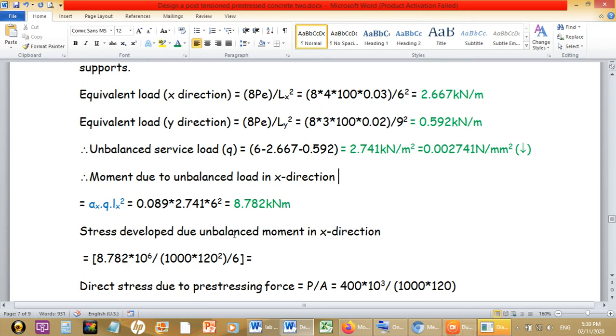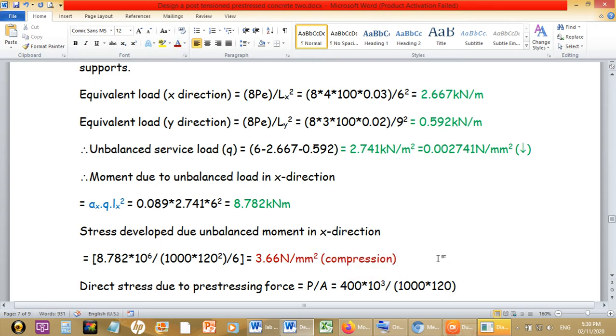So the M value, 8.782 into 10 raised to 6, converted from kilonewton meter to Newton mm, and the Z value, b into d square divided by 6. This M by Z value gives us the stress, and if we do that calculation we get the value of stress as 3.66 Newton per mm square, which is compressive in nature.